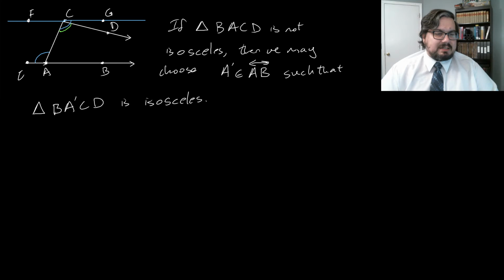And the intuitive idea behind that is the following. Let's say that this closed triangle right now is not isosceles.